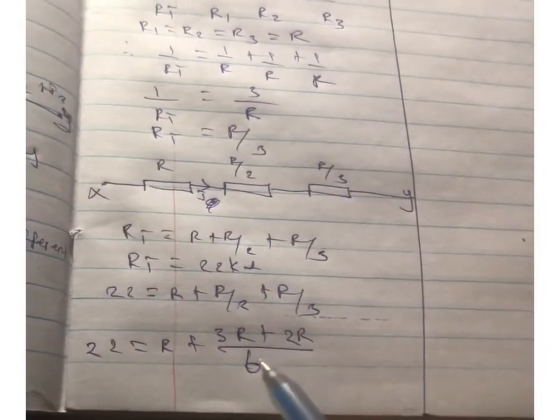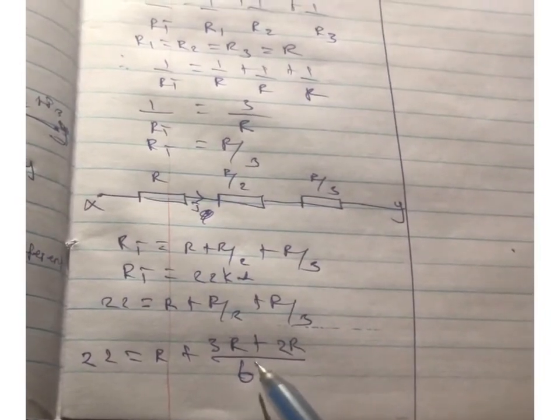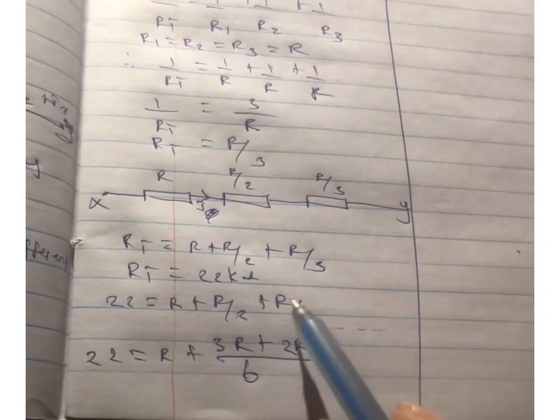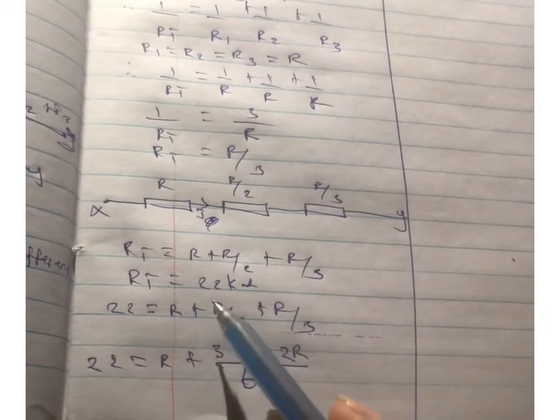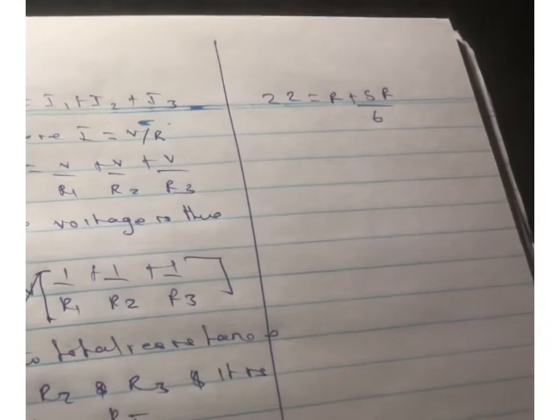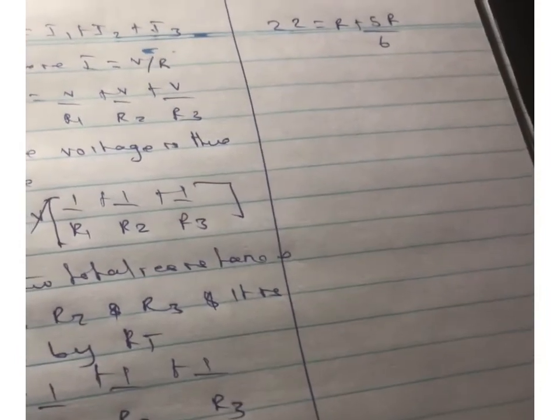Yes, because the lowest common multiple is 6. 6 times this is 6R divided by 3 is 2. 6 times this is 6R divided by 3. So we can now try as much as possible to simplify.